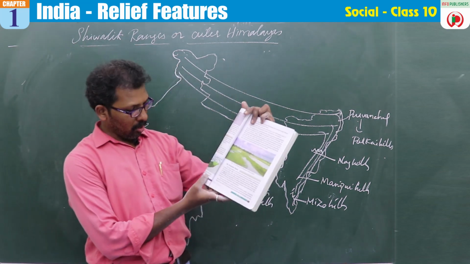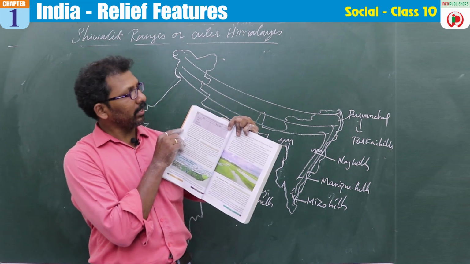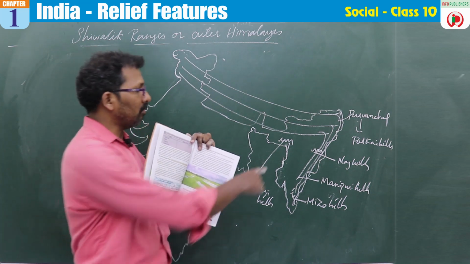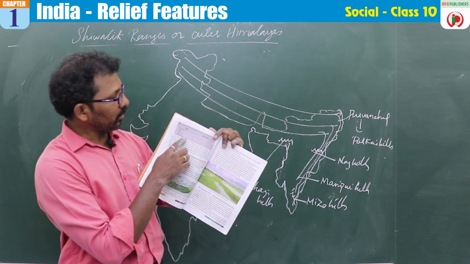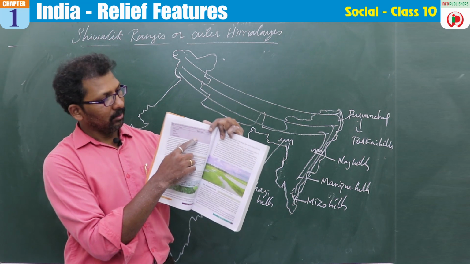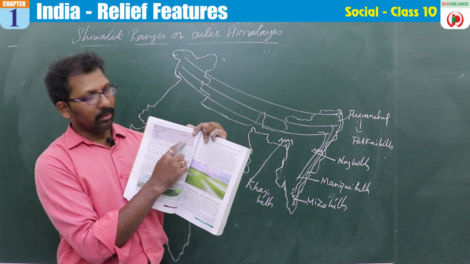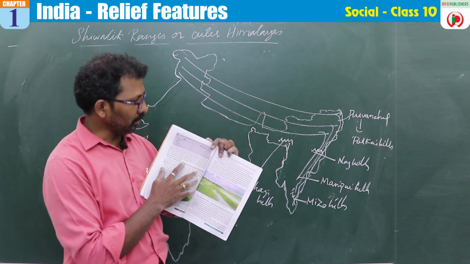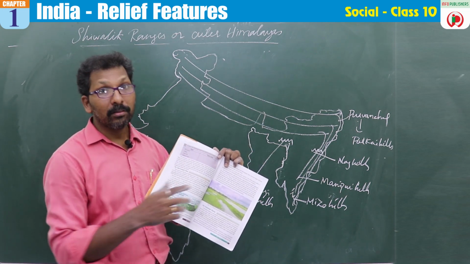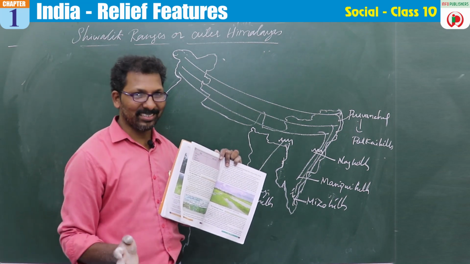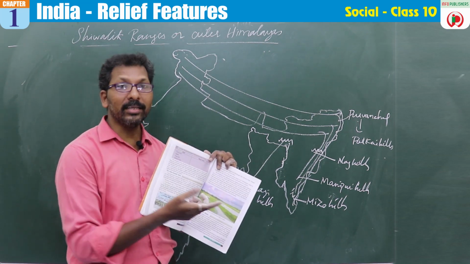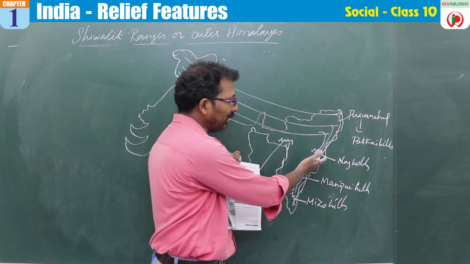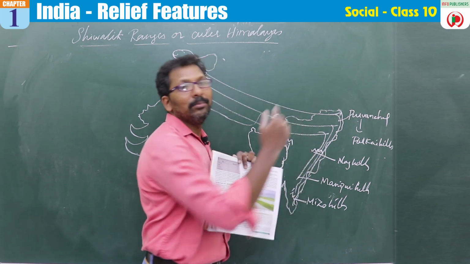In your textbook, on page number 8, look at the following ranges in the physical map of India. Now I have shown you where the hills are. Here it is asking which state or states they are located in. For example, Purvanchal means Patkai Hills, located in the states of Arunachal Pradesh, Nagaland, Manipur and Mizoram.